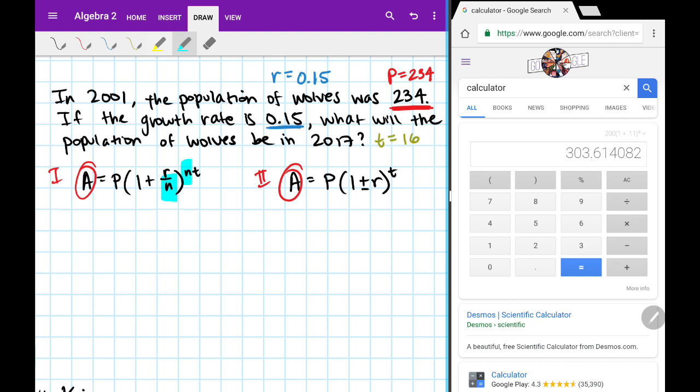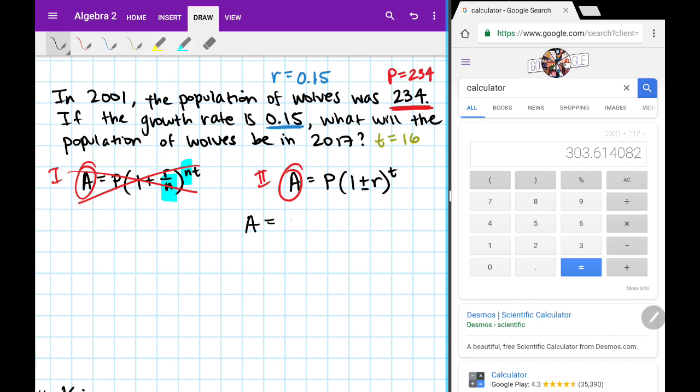It doesn't tell us how many times this is compounding. And in fact, the way that populations work is we're going to always use the second formula. Whenever you're missing the information you need about compounding, you're just going to jump to the second formula. There is no n here after all. So let's plug in our three variables.